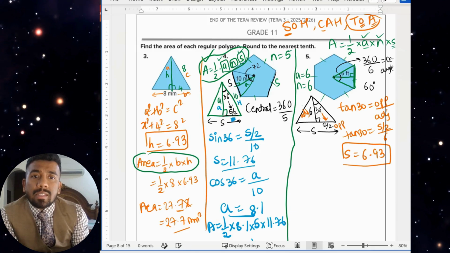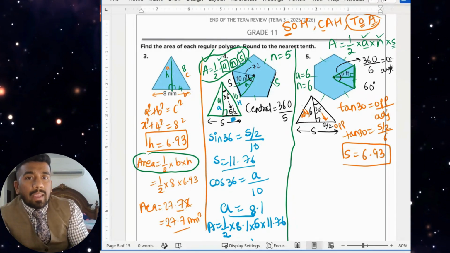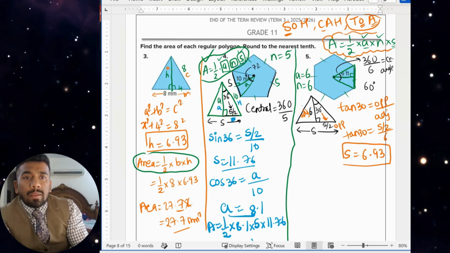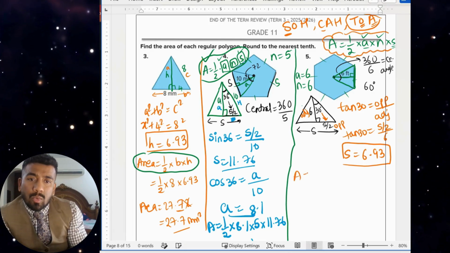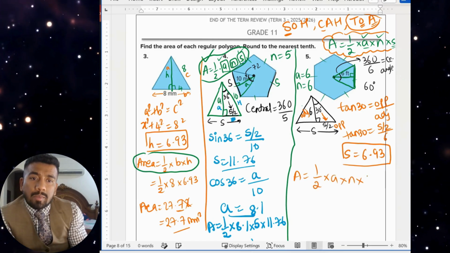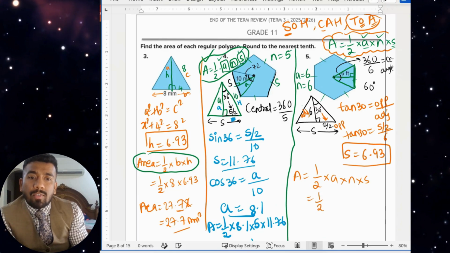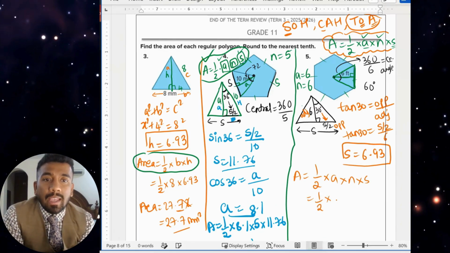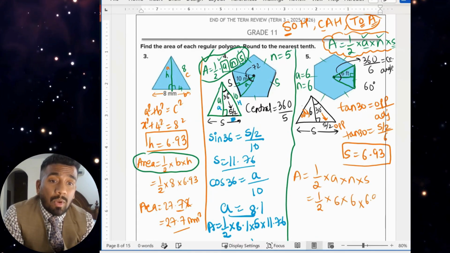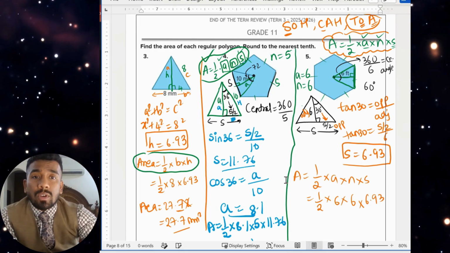Once you get S, put it back in your area. What's your area formula? A is half times A times N times S. So that's half times A, which is 6, times N, also 6, times S, which is 6.93. Now put all this in the calculator.